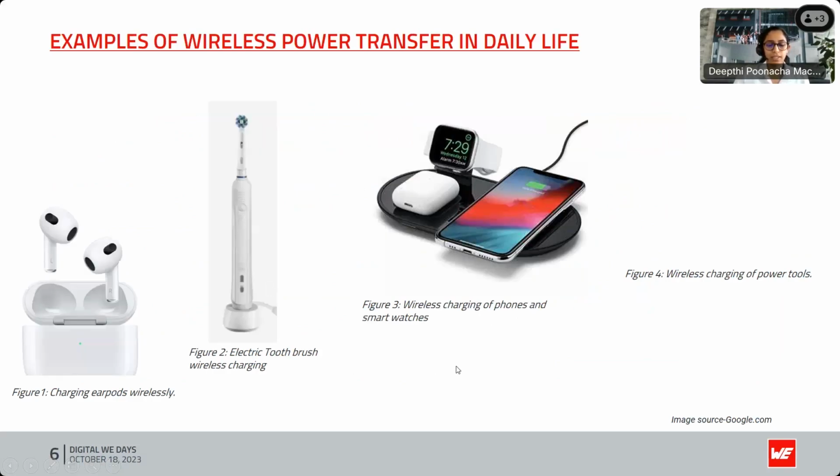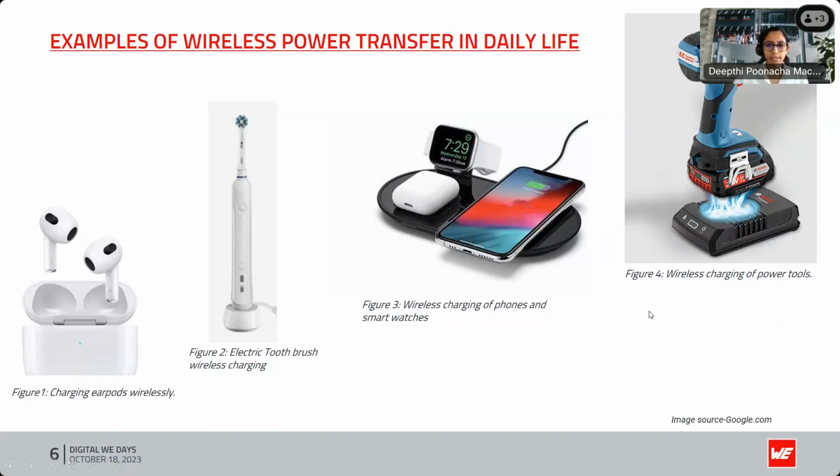So let's start the webinar today by talking about some of the examples that we see in daily life. Here are some images which you might have seen or use in your daily lives, like the wirelessly charging earpods, the electric toothbrush, or the charging pad where you can charge your phone, your watch, and your earpods all in one place without the hassle of multiple cables for every device. All of these devices work on wireless power technology. Another common example is the wireless charging of power tools.